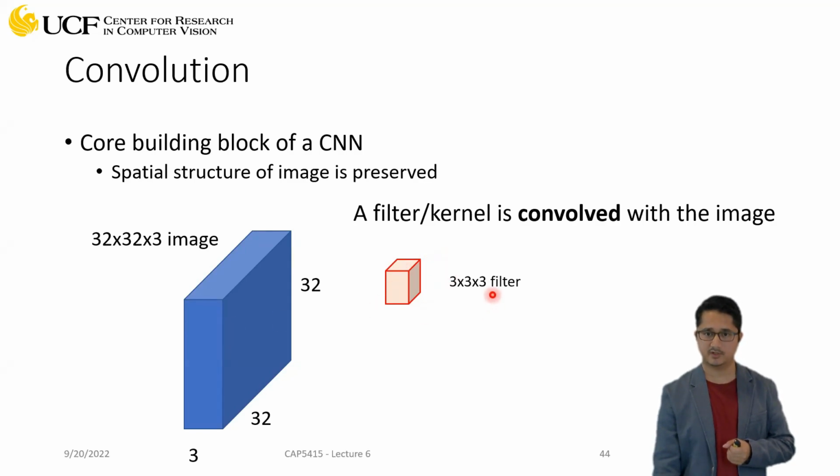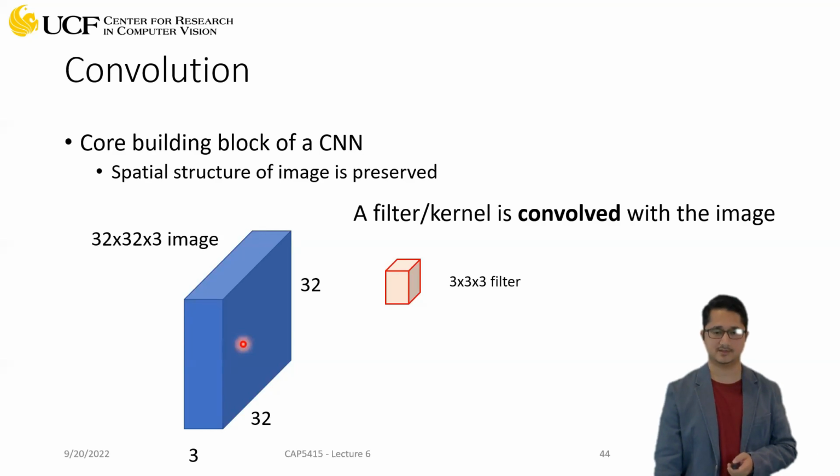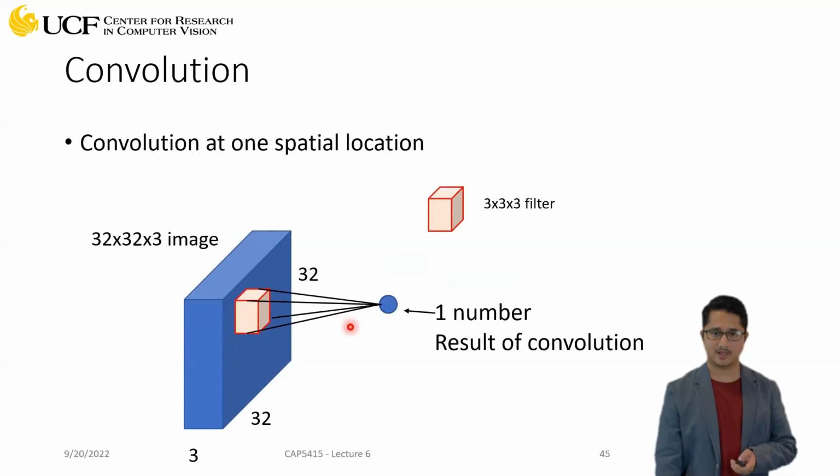So we have this filter. We will convolve this filter on this feature volume. I will call this an activation map or feature volume or feature map. All these mean the same thing. And you know how to convolve, right? This is a 3 cross 3 cross 3 filter. You will try to put this at all the possible locations in this feature map or input.